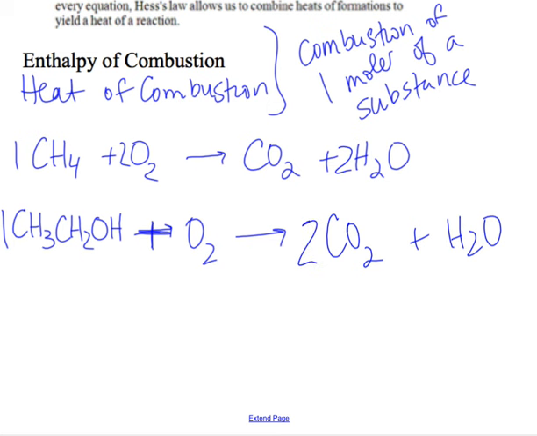How many H's? 6. This is still going to be easy, so we put a 3 there. And that gives us 4, 5, 6, 7 O's. So what do we have over here? You don't forget this one, right? So we only need 6 from here. So it's easier.